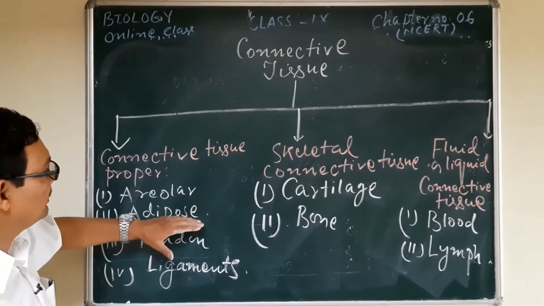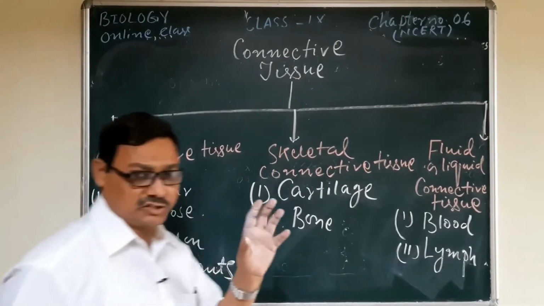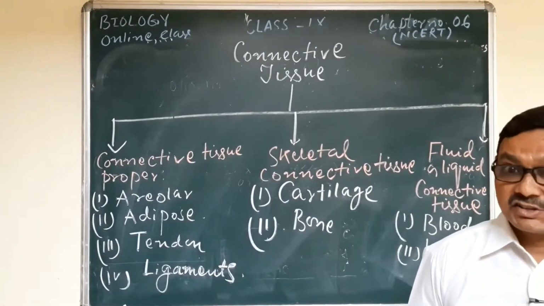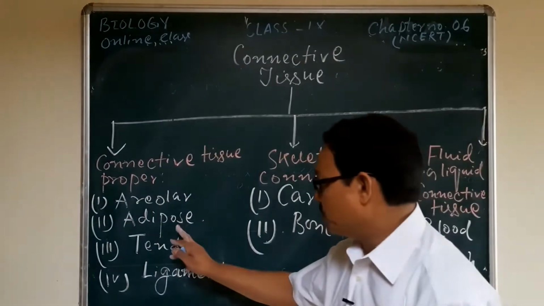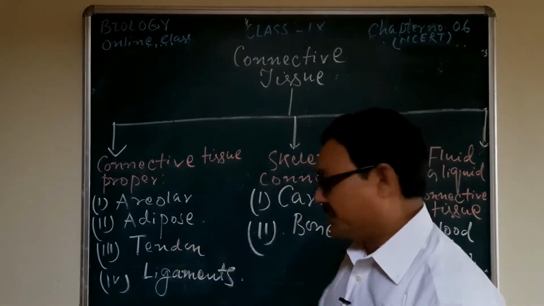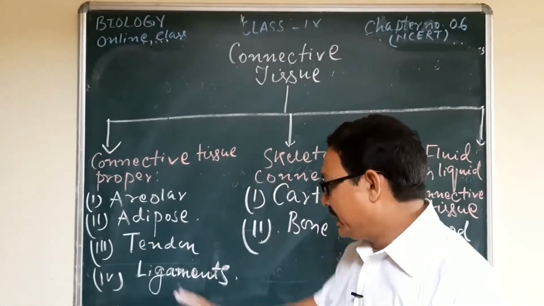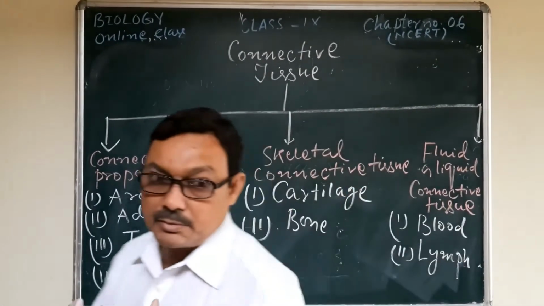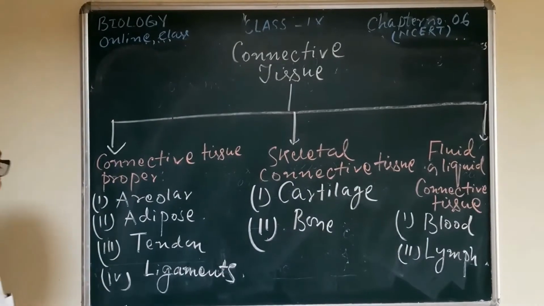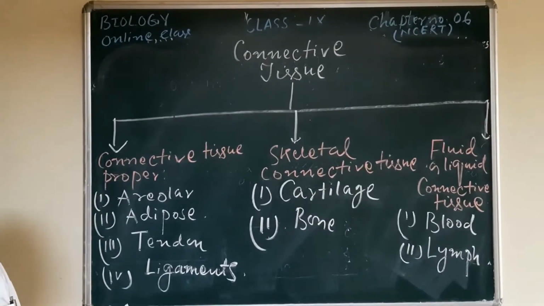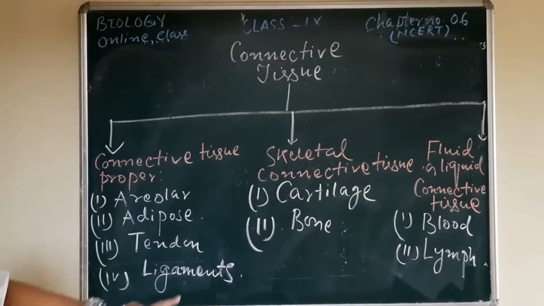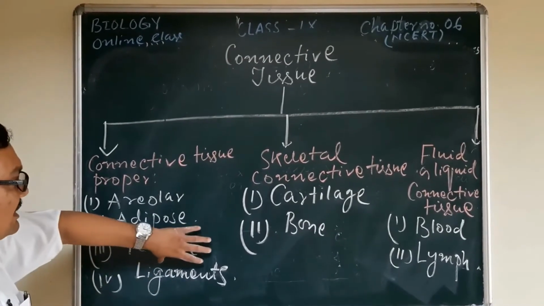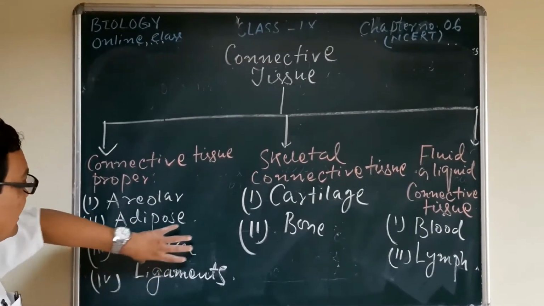Adipose is present just beneath the skin, the storage place in our body, and that is related with the adipose. There is also some connectivity between the two bones. That function is performed by the ligaments, and if the bone and muscles are connected together, that is the tendon.